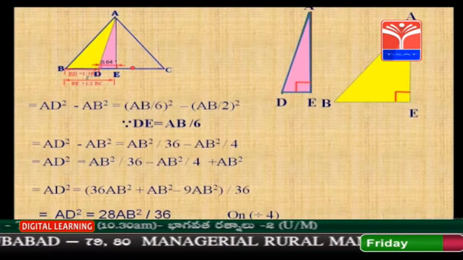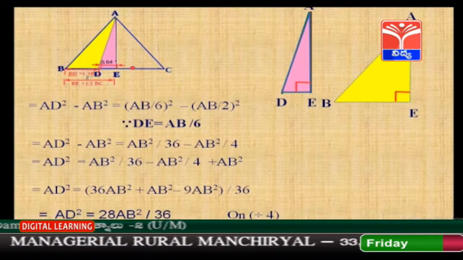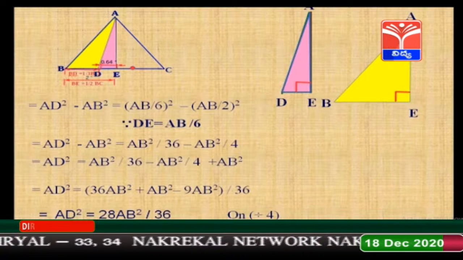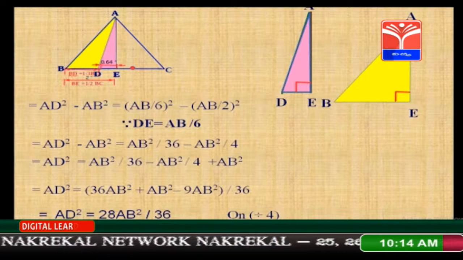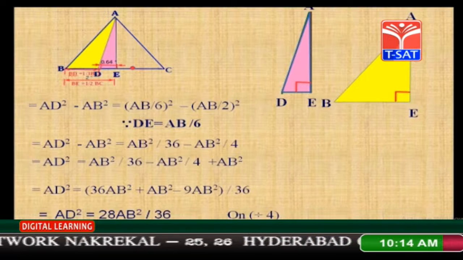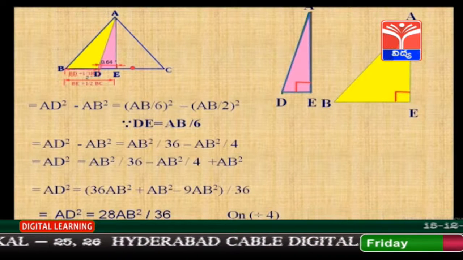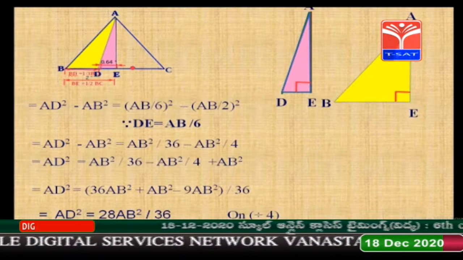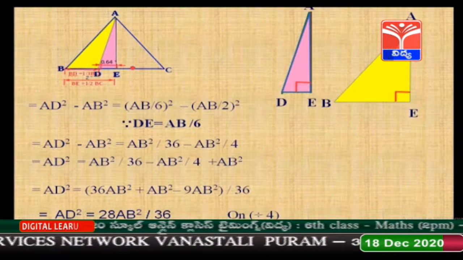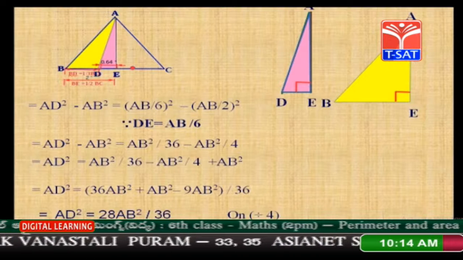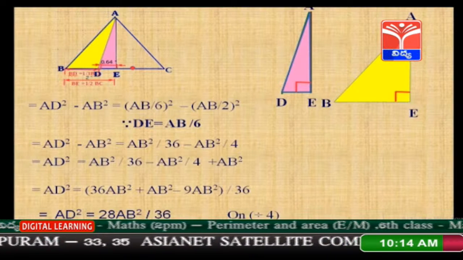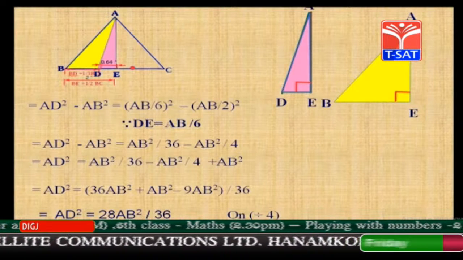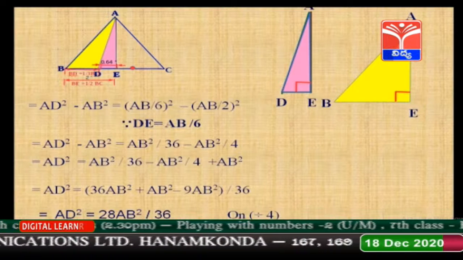Now, it became AD square is equal to 36 AB square plus 37 minus 9, 37 minus 9 by 36. It became AD square is equal to 28 AB square by 36. Now, dividing numerator and denominator by 4, we get AD square is equal to 7 AB square by 9.